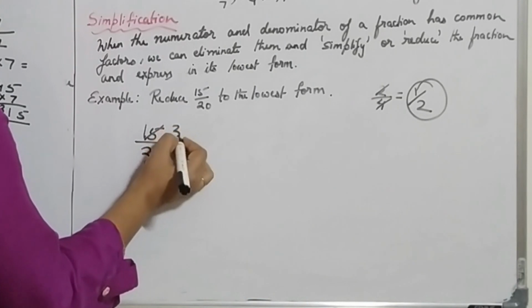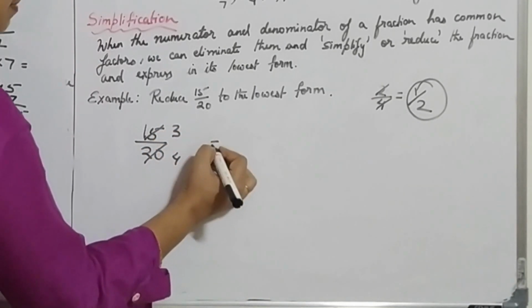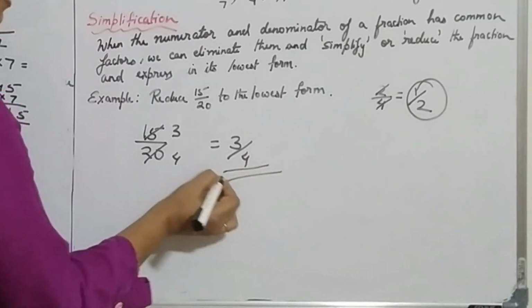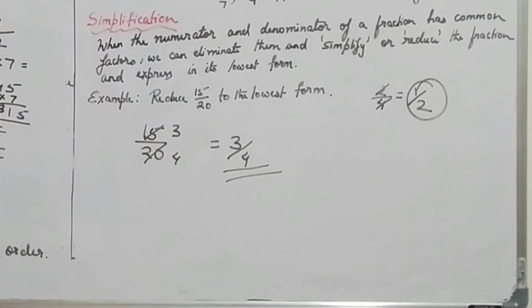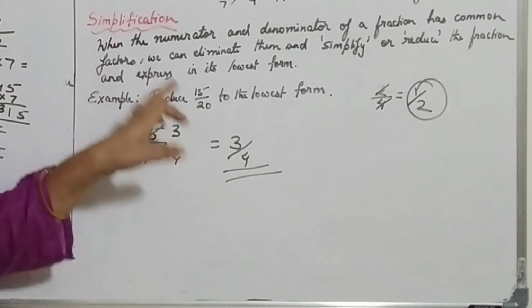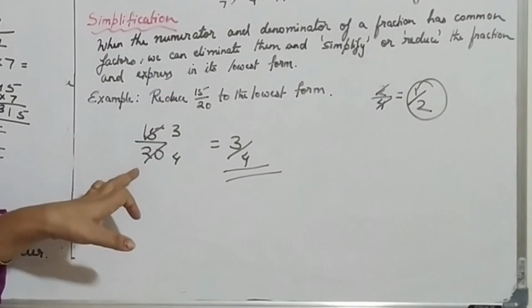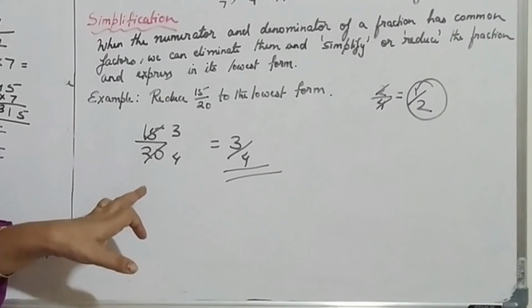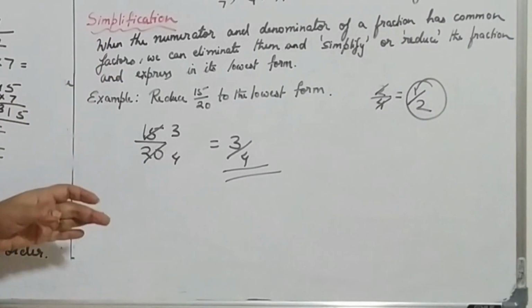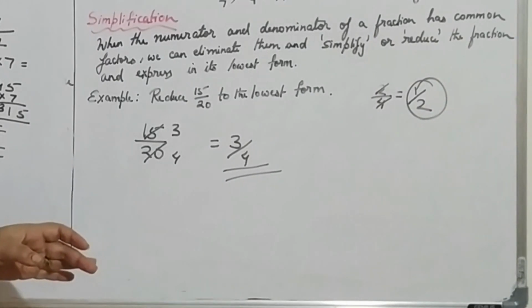Dividing by 5 gives 3 and 4, so it can be reduced to 3 by 4, and 3 by 4 is the lowest form. This is the lowest form of the fraction 15 by 20. In this way you can do the simplification of a fraction.